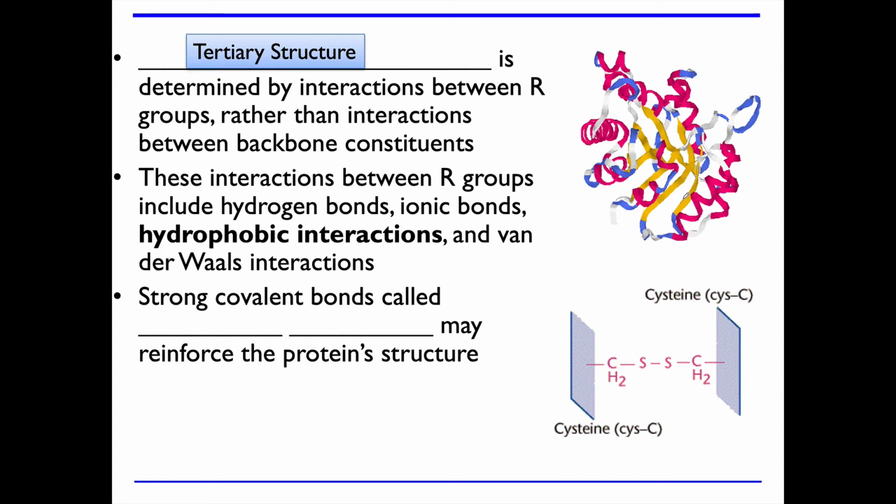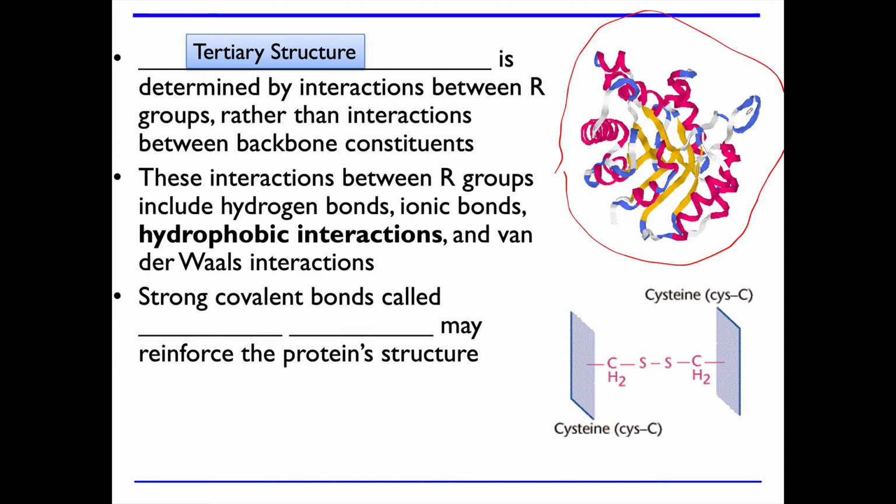All right. Tertiary structure. This is determined by interactions between R groups rather than interactions between backbone constituents, which are just basically your amino acids. So what we have here is, if you remember those R groups, they are going to be present in a lot of the shapes that keep this, what ultimately is a big old protein blob, in this particular shape.